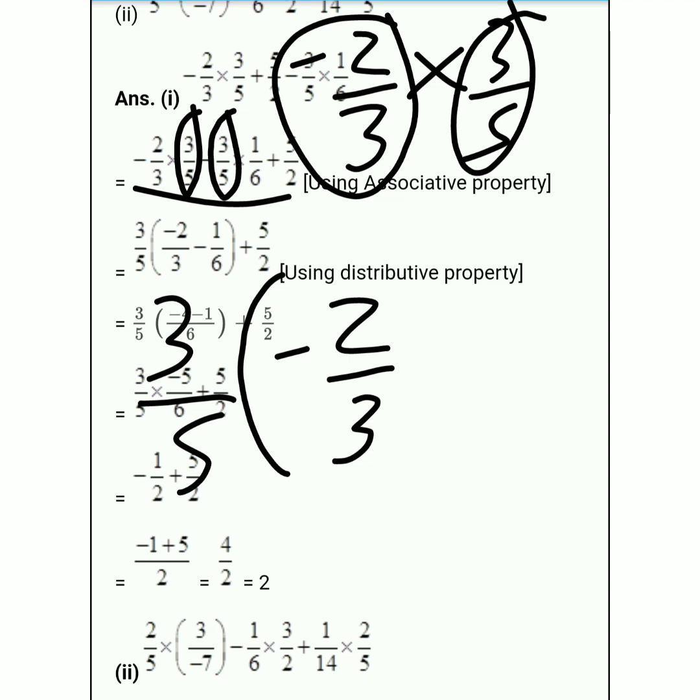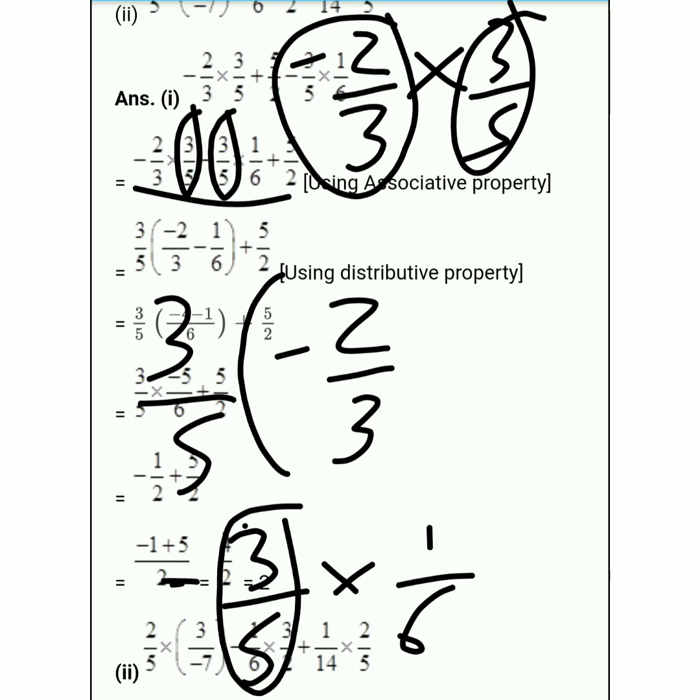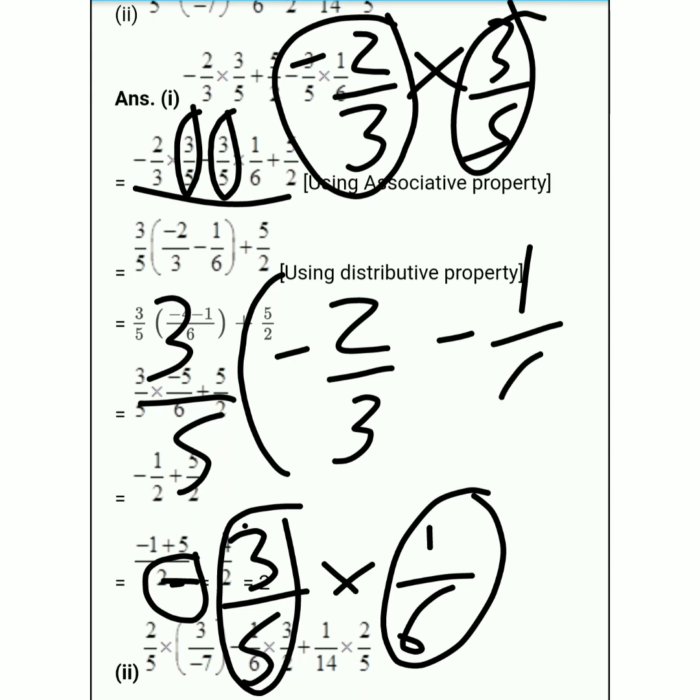Now in the third term, 3 by 5 multiply 1 by 6, I have transferred this into the second position. Before this term, a minus sign is there. Here 3 by 5 is common, so what is remaining is this minus sign and 1 by 6.